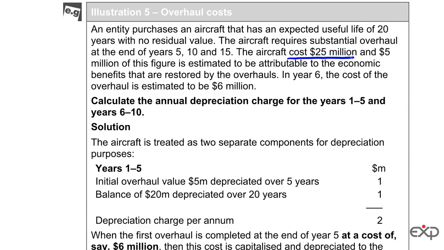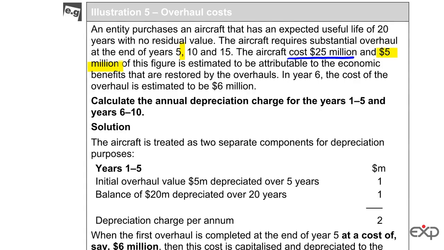Now what we're going to do is establish on day one what we think that first overhaul is going to cost us in 5 years' time. And here the company has decided it's going to cost us $5 million. So we're going to assume that of that 25 million, 5 million relates to estimated overhaul costs, and the balancing figure of 20 million is going to relate to the aircraft.